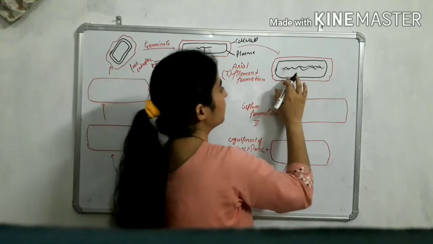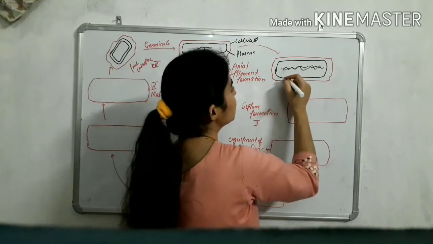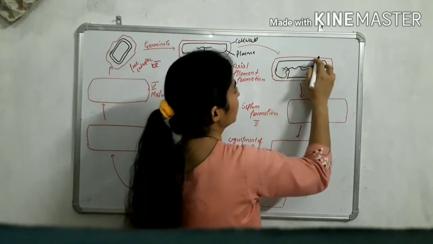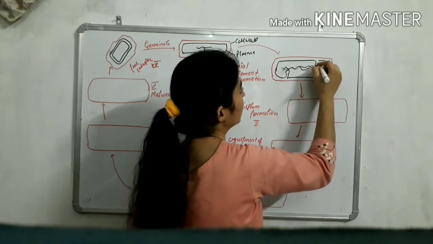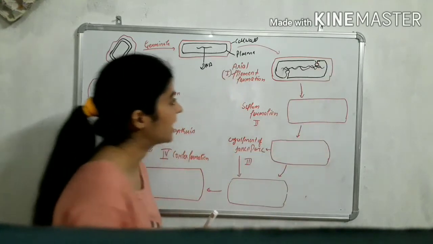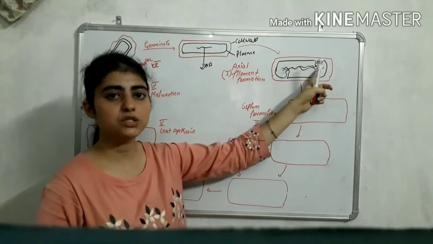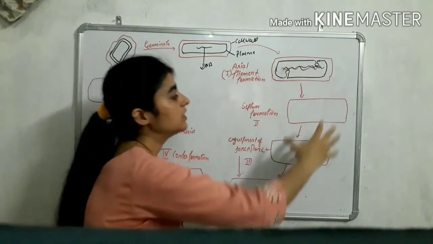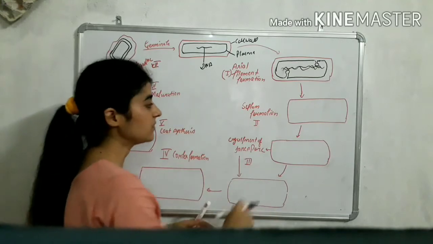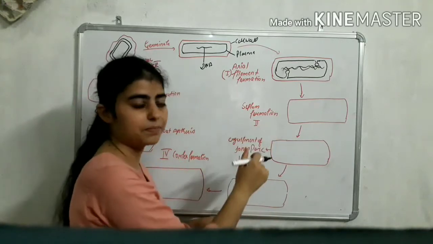The plasma membrane will infold itself toward the inside. Because of these two foldings, there will be the formation of a septum. So the second stage is septum formation.